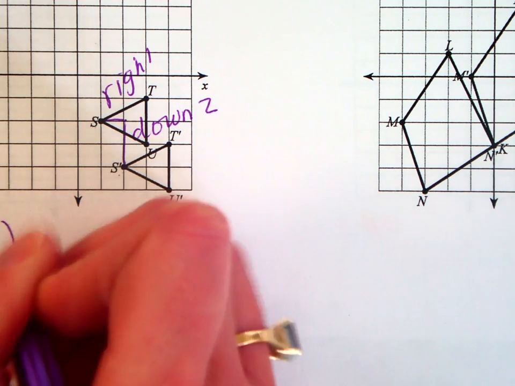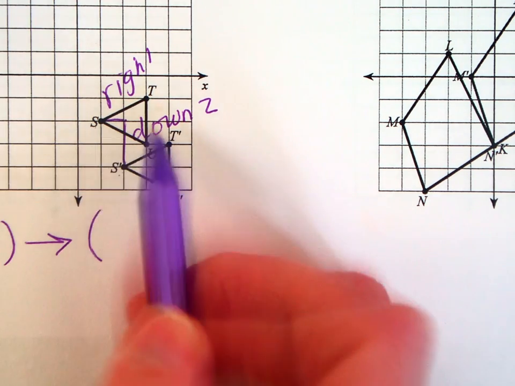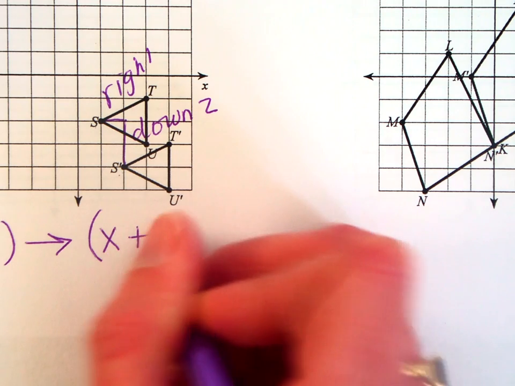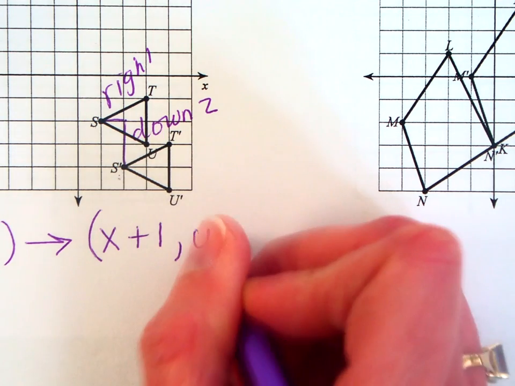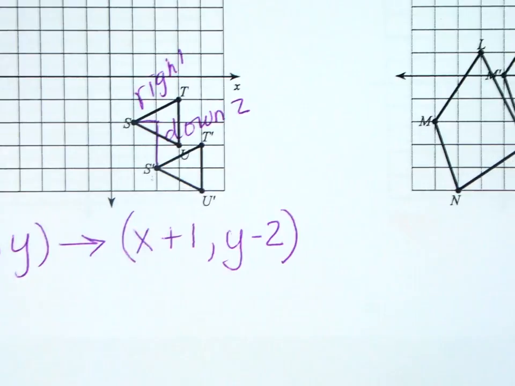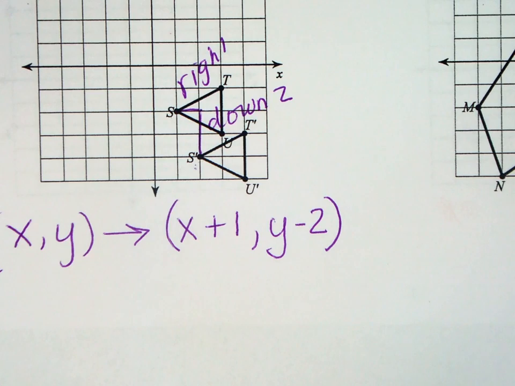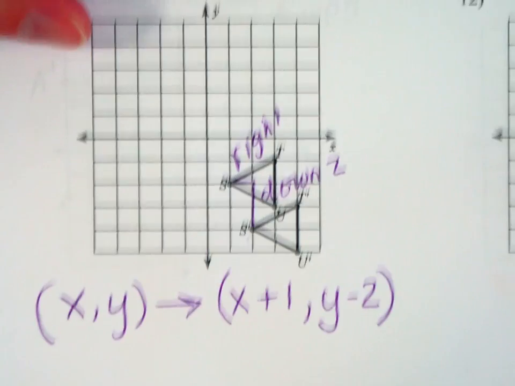I have my x, y point, and I went to the right 1, so I'm taking my x values and adding 1, and then we move down 2. So my y values, I have to subtract 2. It should look like that. Okay, and that was number 11.